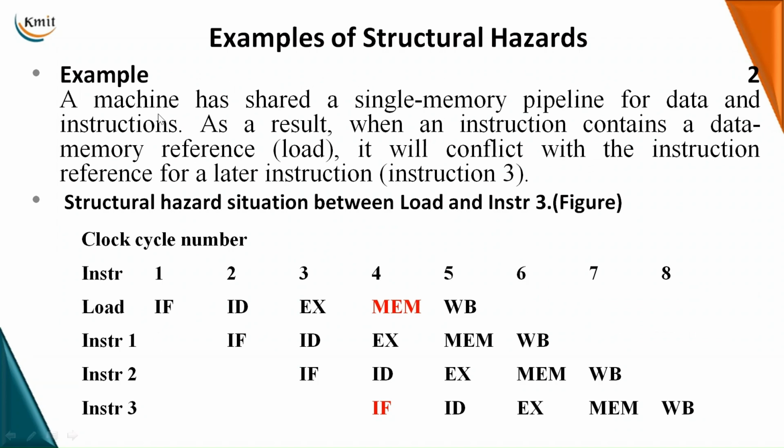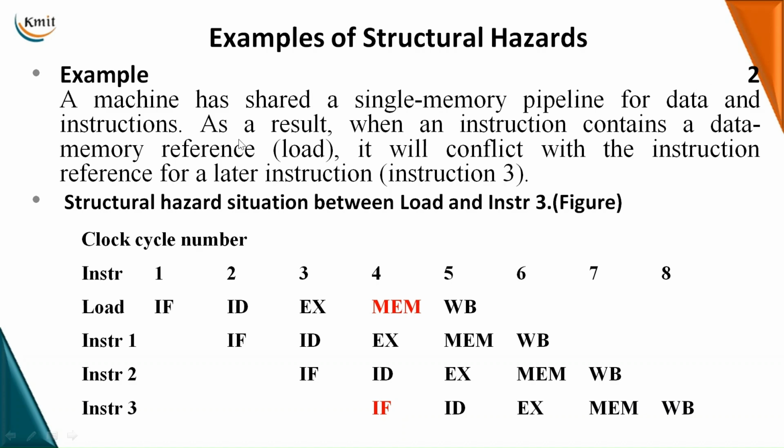Consider a machine which has a single memory for both data and instructions. As a result, when an instruction containing a data memory reference, a load, is executing, it will conflict with a later instruction, which is instruction 3. There is a single memory storing both the data as well as the instructions.